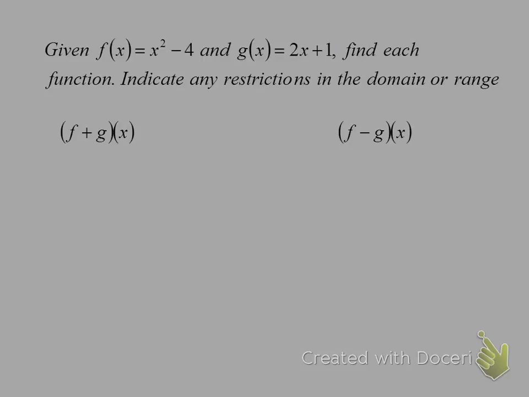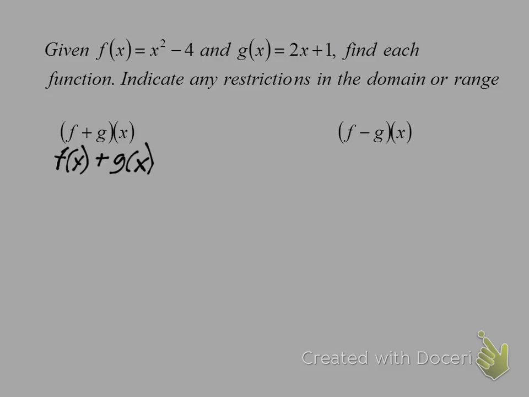Like I said last slide, the biggest thing is making sure you understand what this means to actually do. Instead of it being f plus g of x, I rewrite it in my normal function notation, f of x plus g of x. Once I do that, you basically turn it into a substitution problem.